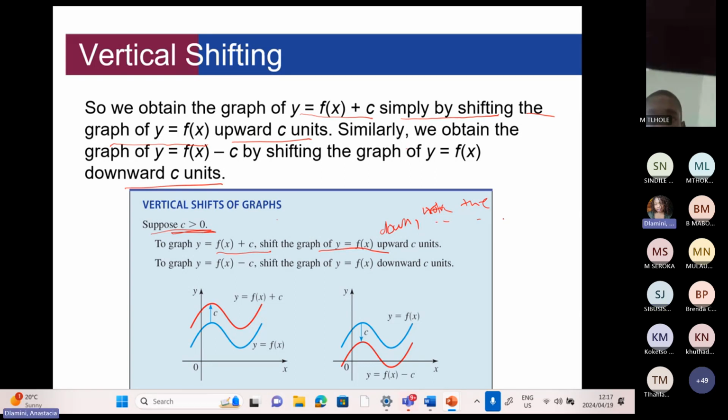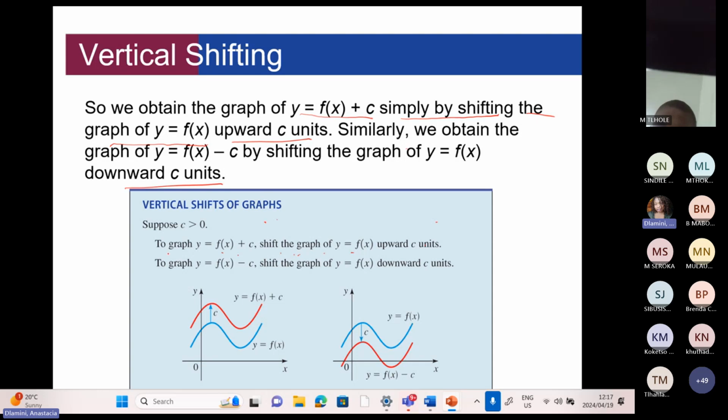Does it make sense on how I can ask the questions as well? Yes, ma'am. Because I said for vertical, if you want to vertically shift the graph, suppose that c is greater than 0. To graph f of x, this means that you have shifted the graph downwards, upwards, c units, and whatever. That's how I did the question. And believe it or not, there are people who got it wrong.